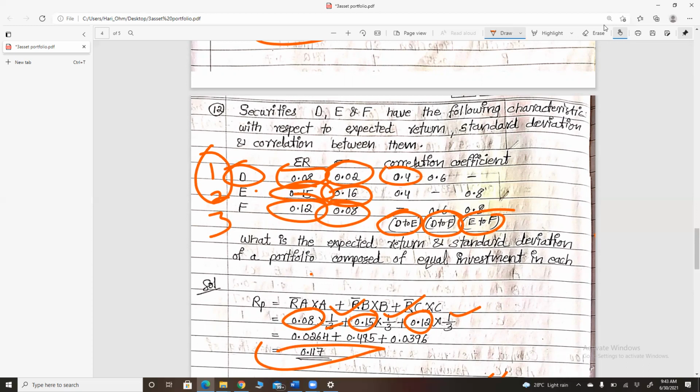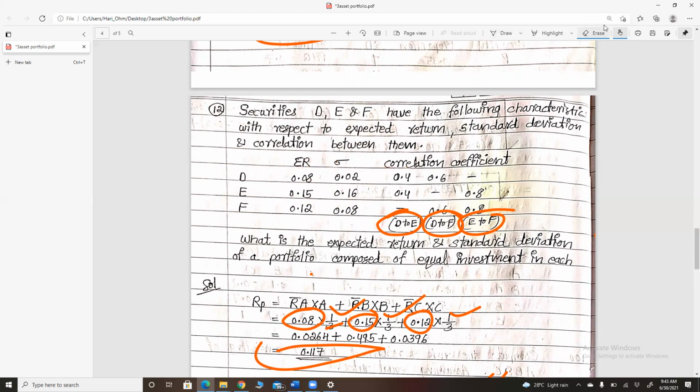Next one is R13. First one, I'll just repeat once again. See R12, that is the first correlation coefficient. R12 means this is 1, the first security, this is second, this is third: D, E, and F. Clear?